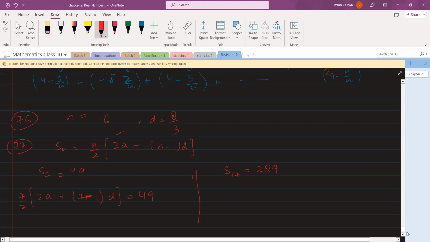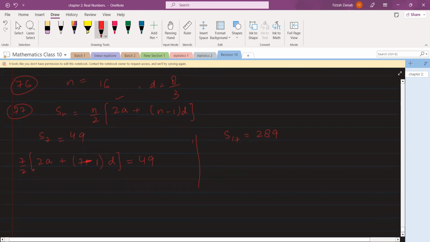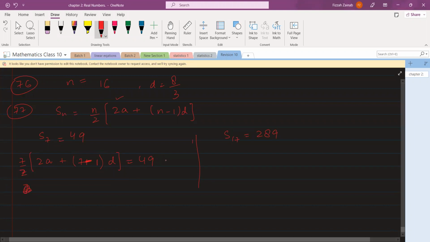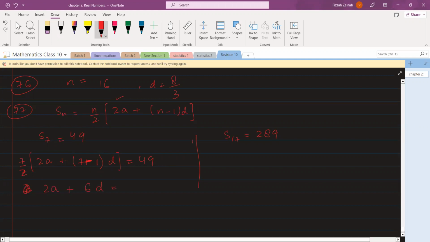Is it fine? In place of n, only 7 I have written. So you can take this 2 to the other side. Here I have 2a plus 7 minus 1 is 6d, and this 2 I am multiplying with 49, and this 7 I'm bringing here.